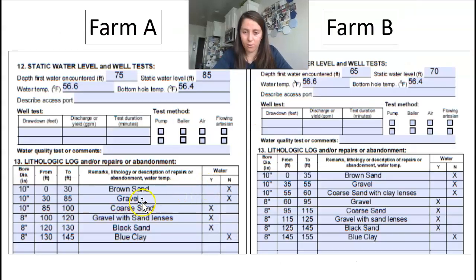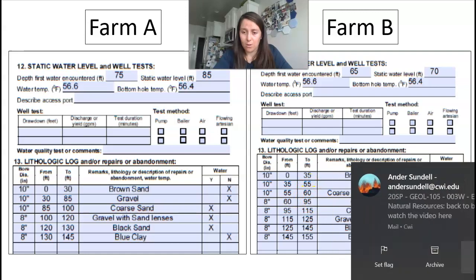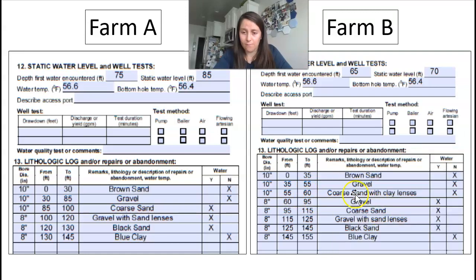Next we have gravel, which goes from 30 to 85 in the farm A, and then we have gravel in two places on farm B. So we have it from 35 to 55, and then we have it from 60 to 95. In between the 55 and 60, there is another formation or lithology that is coarse sand with clay lenses.